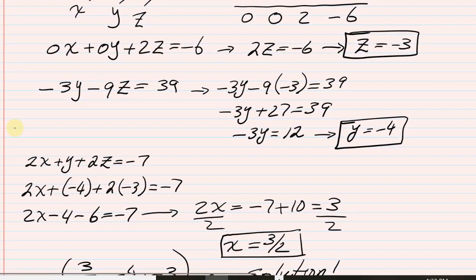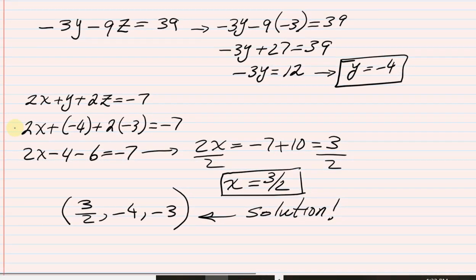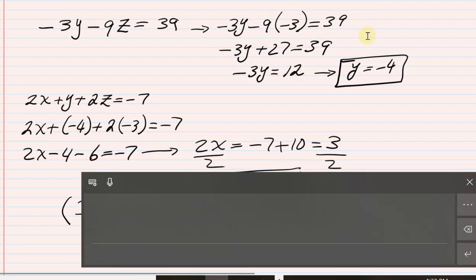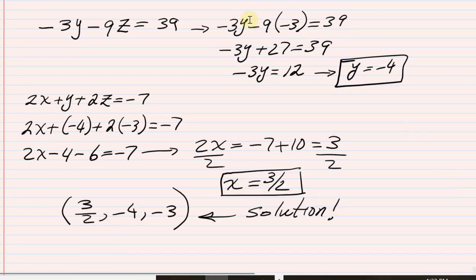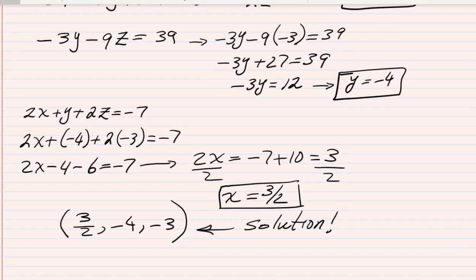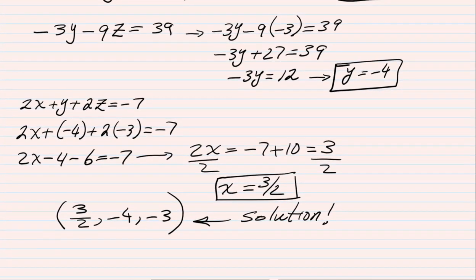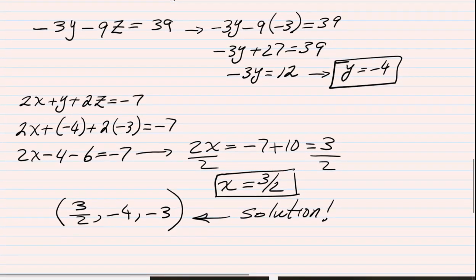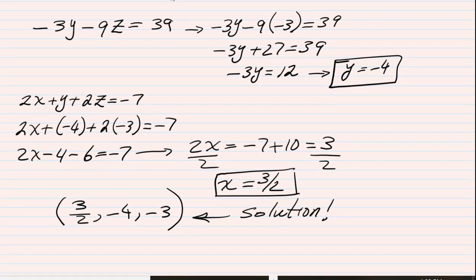But nonetheless, it's worth mentioning. And as I mentioned, this is an efficient method, more efficient than the other two methods. So with that, we are done with this video, and we are done with section 8.6.